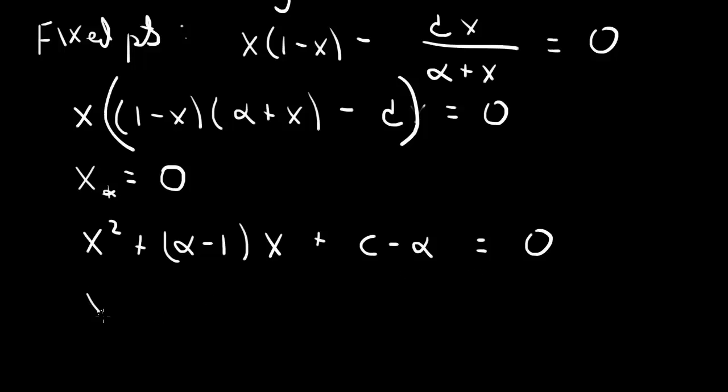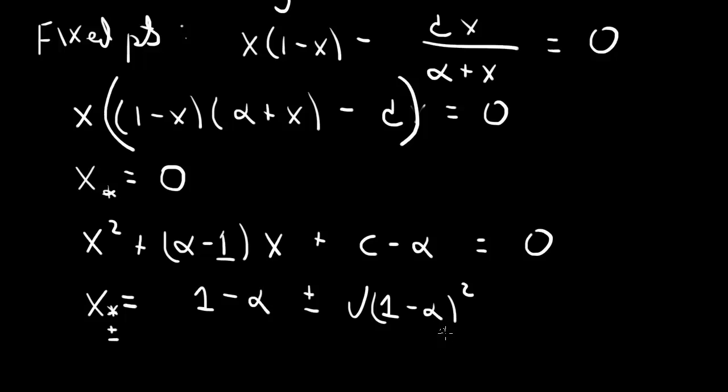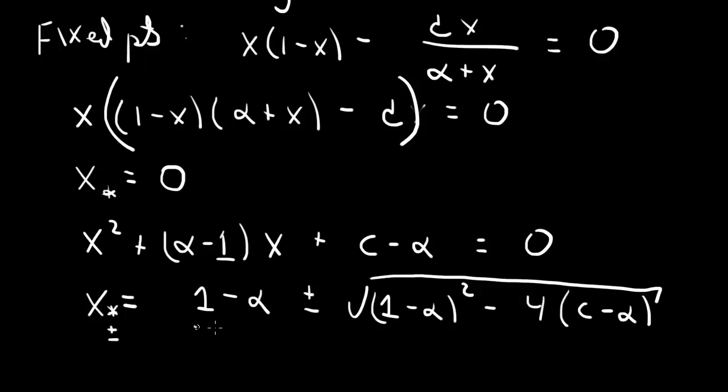So then we have two roots, the fixed points, and there'll be two of them, a plus and a minus. x equals negative b, which is 1 minus alpha, plus or minus the square root of b squared, (1 minus alpha) squared, minus 4ac, which is 4 times (c minus alpha), all over 2a, over 2.